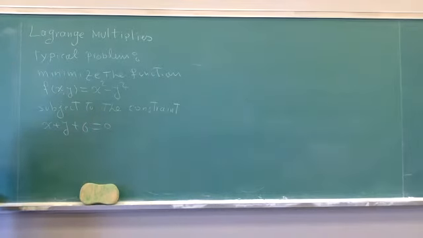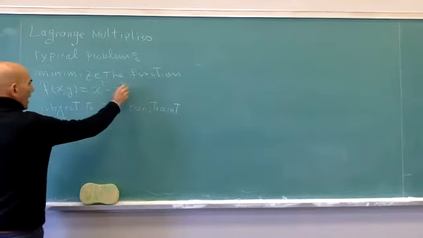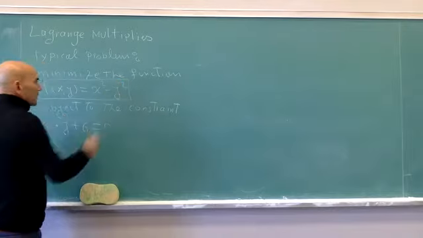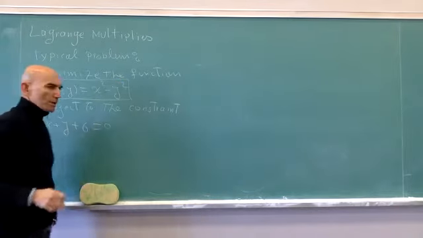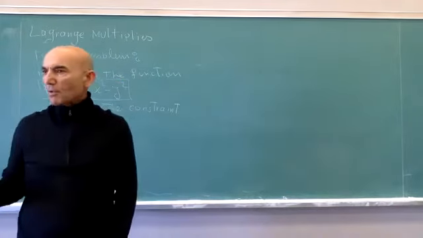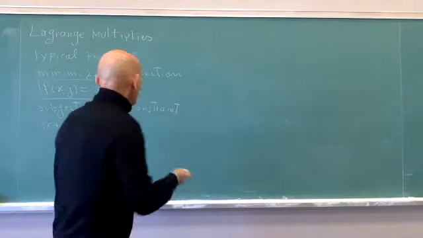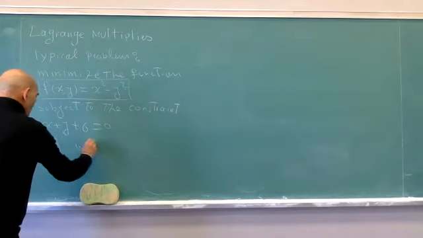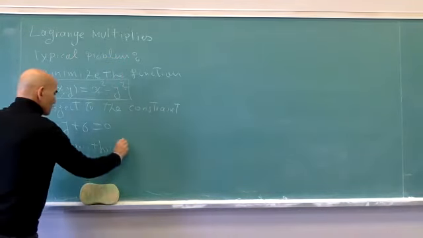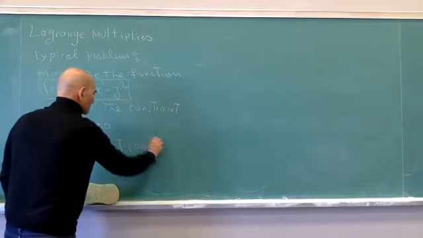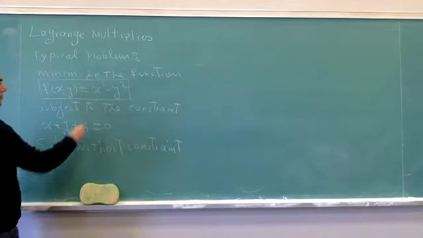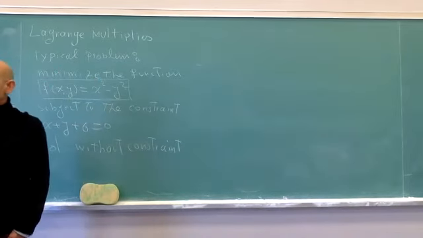Okay. So what does this problem mean? If we just have this function, f of x and y equal to x^2 minus y^2, and we had this problem without constraint, right? So imagine we didn't have this extra condition, like the usual stuff that we have been doing so far.